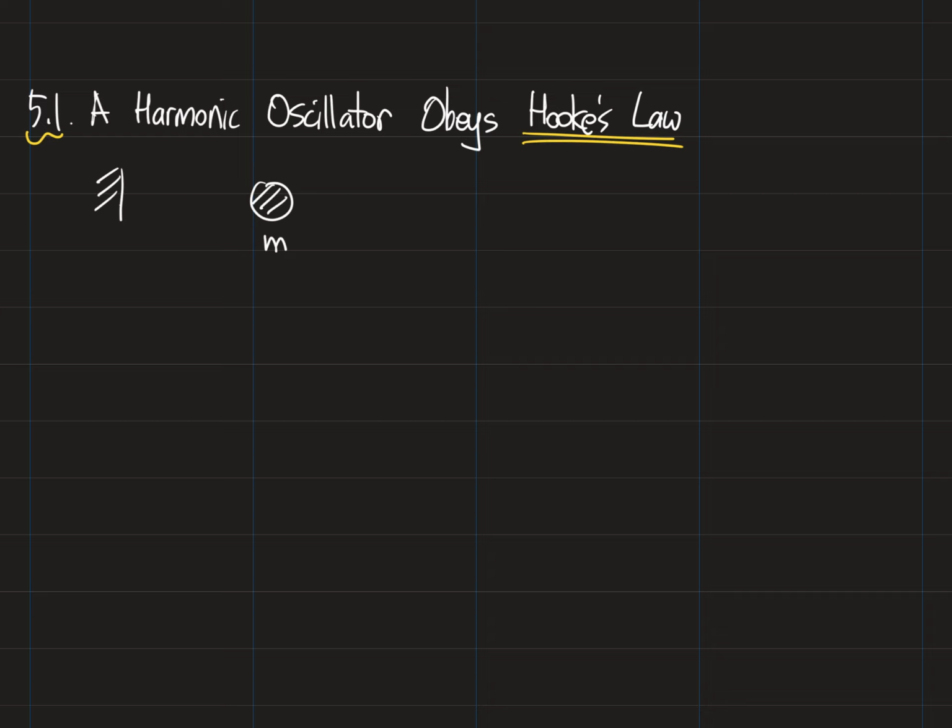So there is a wall here, and they are connected by a spring. So when the system is at rest, the spring has an equilibrium length, which we will call L0.